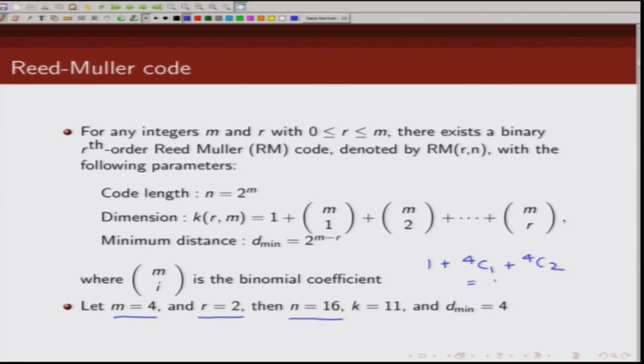So, this will be 1 plus 4 plus 4 times 3 by 2, which is 1 plus 4 plus 6, equal to 11. So, k is 11, and minimum distance is 2 raised to power 4 minus 2, which is 4.